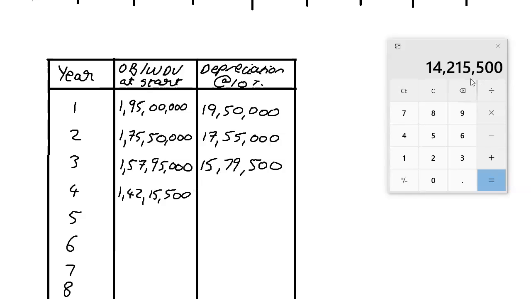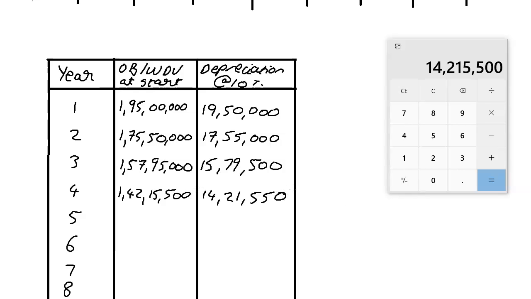Now, we have this in place. Again, 10% of that is going to be 14,21,550. Okay, we just knock out that last zero, and again we do the same thing.